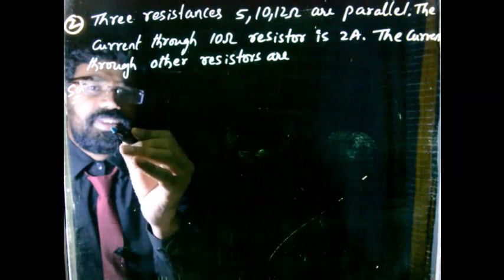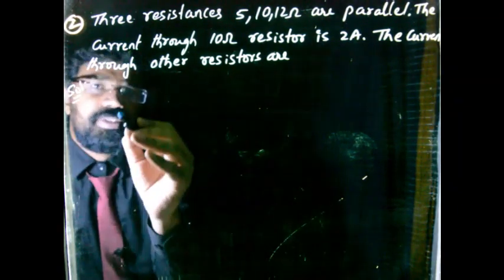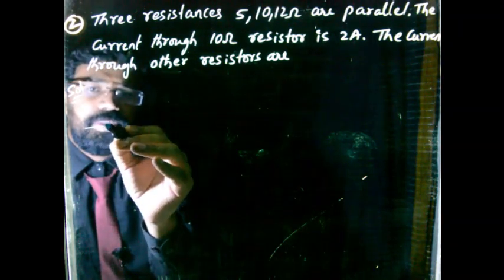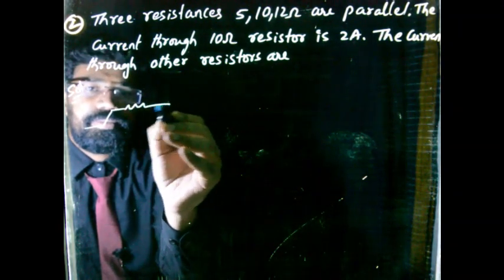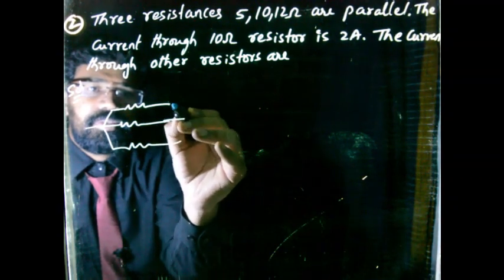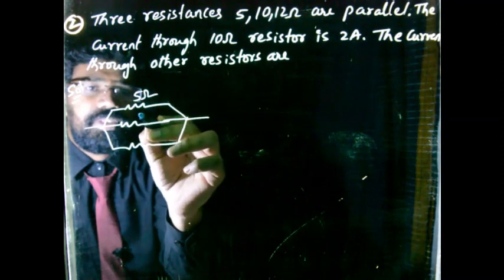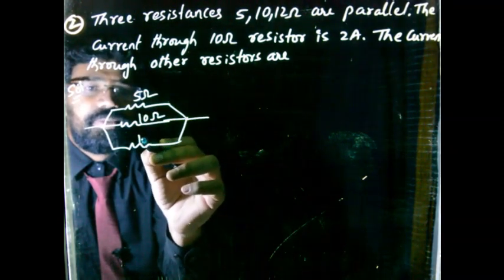What was said, 3 resistances were given: 5 ohm resistance, 10 ohm resistance and 12 ohm resistance, and they were arranged in parallel combination like this. I'll call this the 5 ohm resistor, this the 10 ohm resistor, and this the 12 ohm resistor.